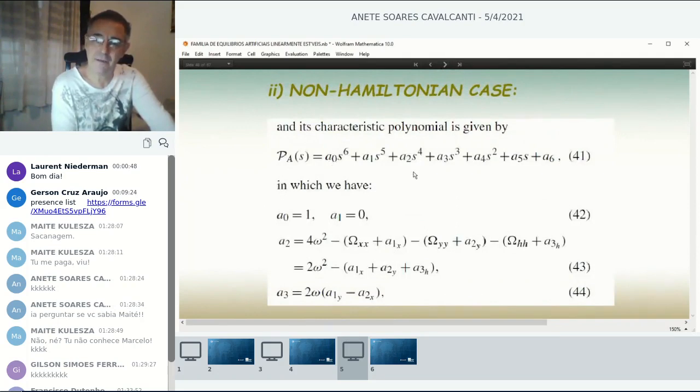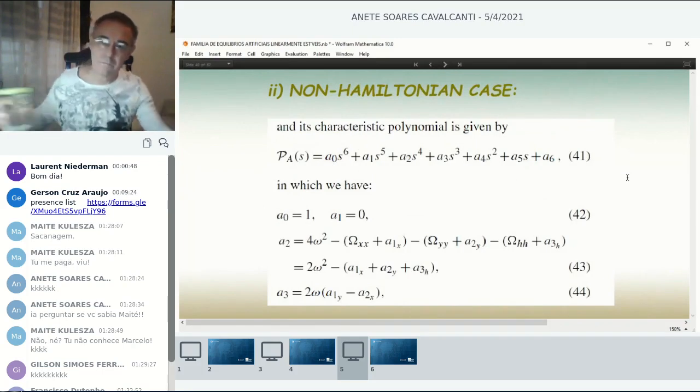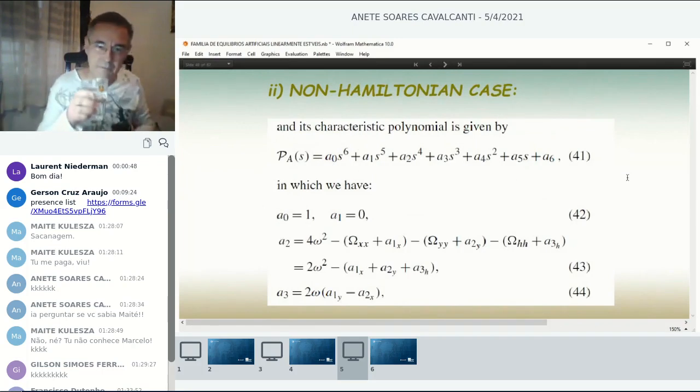And I just saw it now when I was preparing this presentation, because the referees that judged the paper didn't comment on this. Otherwise, I would have changed the notation.